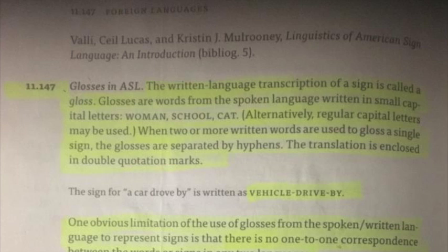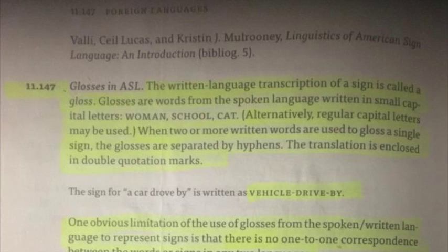The thing about the glosses and the words being used, when you look at sign language, all the words that are used are factual based words. There are no little in-between words to give confusion. It's all fact. As you see here, woman, school, cat, factual words. Sign language is all built up around that.